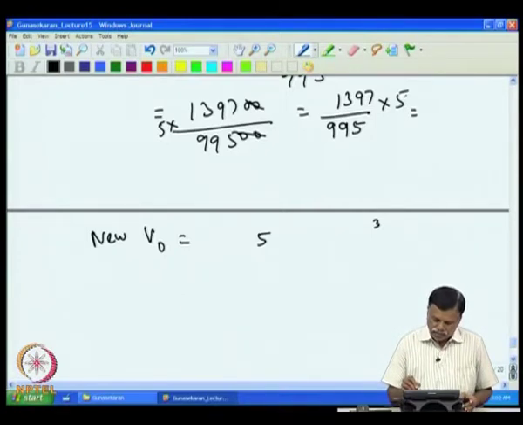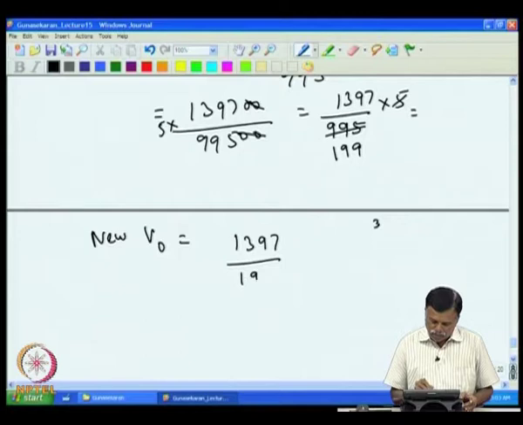I will remove this 5, actually it comes to 199. So I will remove this here, it will become simple now. That actually becomes 1397 divided by 199. For simplicity I make this as 200.